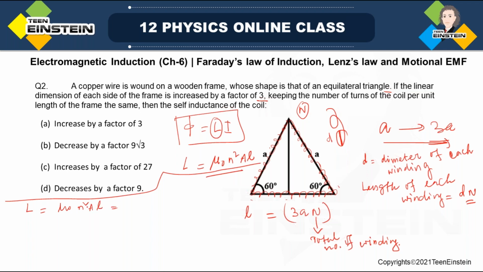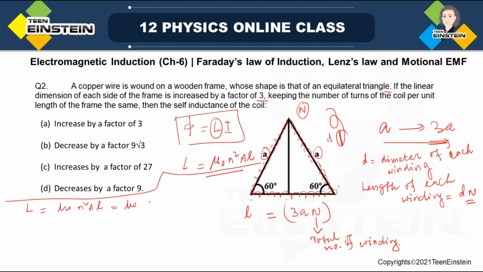Here A is the area of the wooden frame after changing the dimension. Let us go with the side a itself.